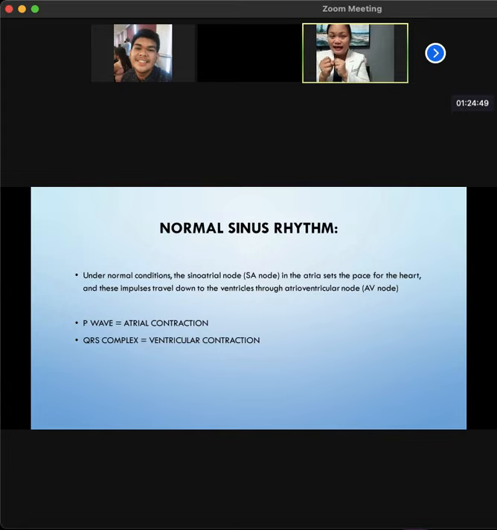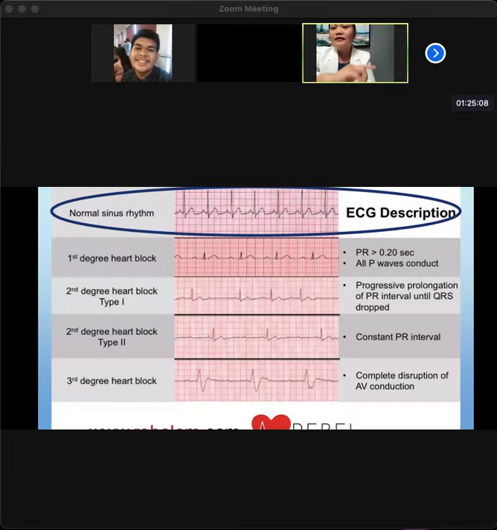Naintindihan? So remember, for the ECG tracing, your P wave corresponds to your atrial contractions. Your QRS complex corresponds to your ventricular contraction. Alam na ninyo 'to. Nire-review lang natin.